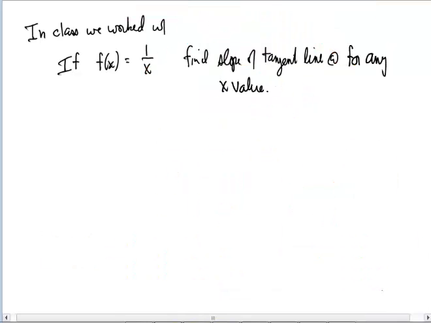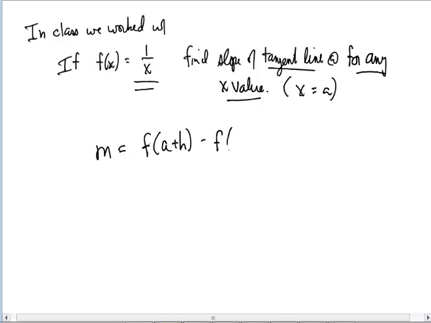Okay, so in class today, we worked with this example. I'm going to do it as a recap, where they gave us the function of a hyperbola, and they want us to find the equation for the slope of the tangent line for any x value. And we're going to let that x value be x equals a. So this is again using that definition, m equals f of a plus h minus f of a all over h.